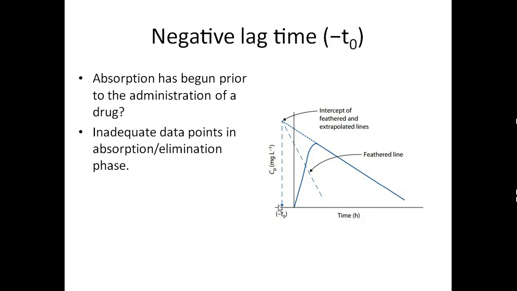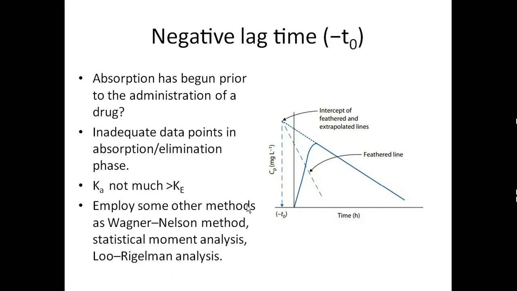Firstly, inadequate data points in the absorption or elimination phase. The data which we have collected for the concentration time may not be sufficient to make a correct interpretation of the intercept of the feathered and the extrapolated line. That is one. It may be that the absorption rate is not much higher than the elimination rate, which is very essential when considering the method of residuals.